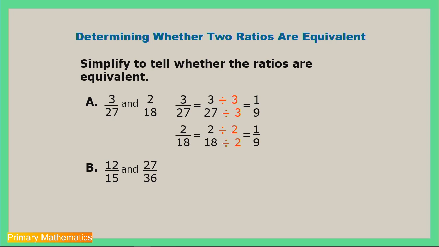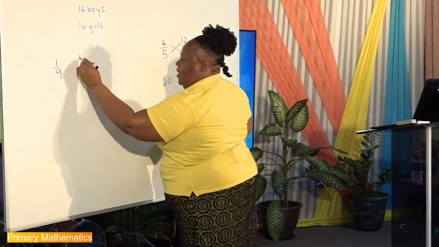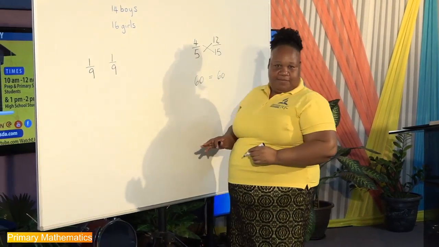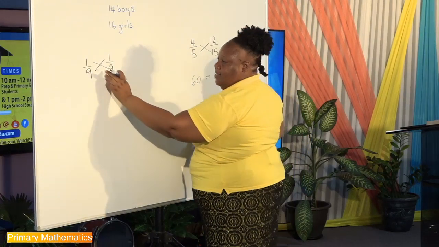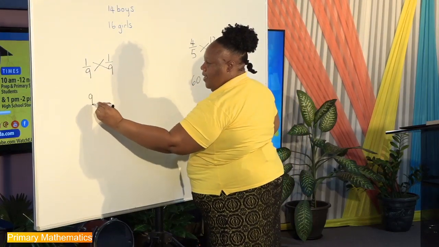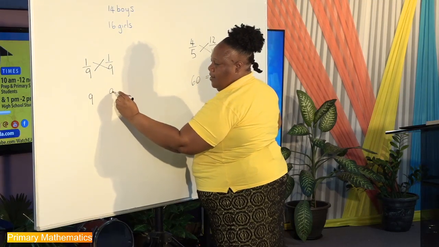Okay. What can you say about the 2 ratios? Are they equivalent? Okay. Somebody is saying, let us go to the cross product and try it. So we have 1/9 and 1/9. Let us go to our cross product. 9 times 1, 9. 9 times 1, 9.